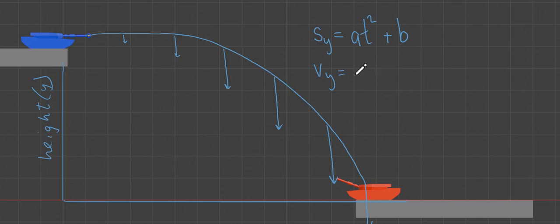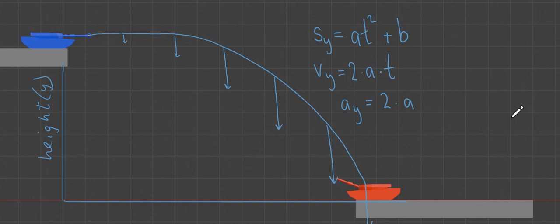And the velocity can be shown as 2 times a times t, because velocity is the derivative of position. And then finally, I want to look at the acceleration in the y direction, which just equals 2 times a, because acceleration is the derivative of velocity.